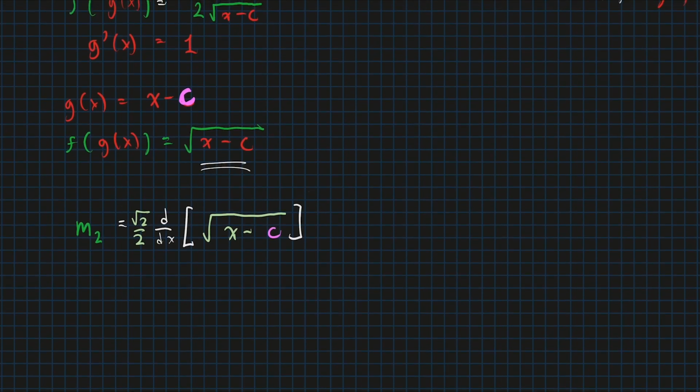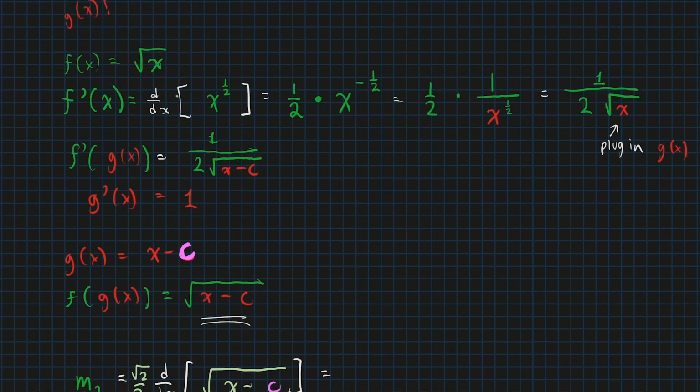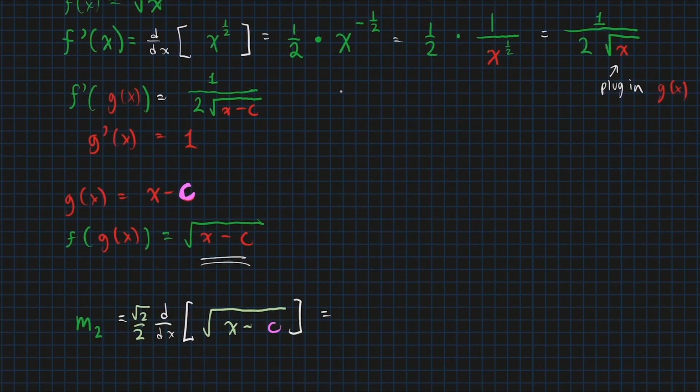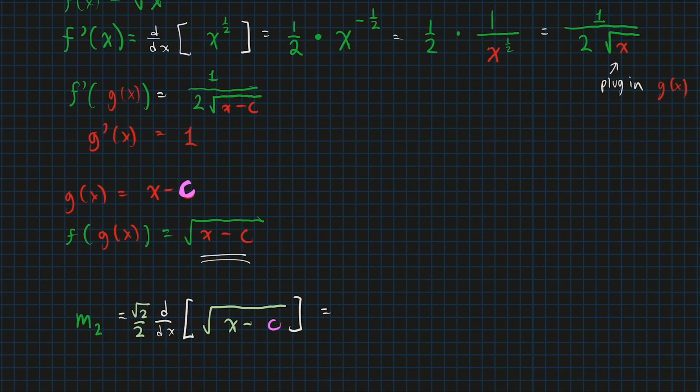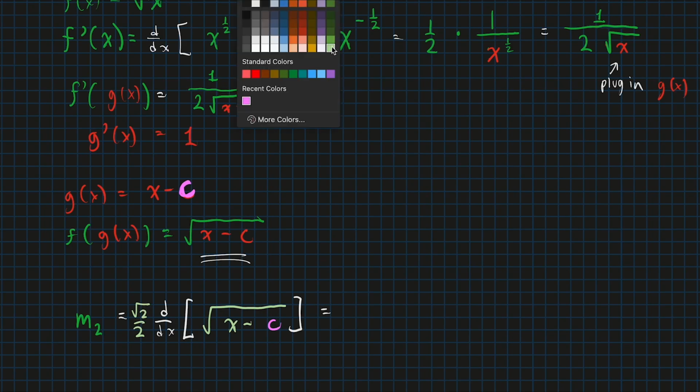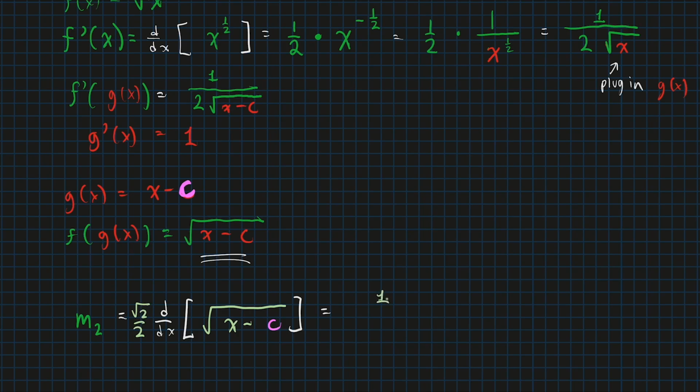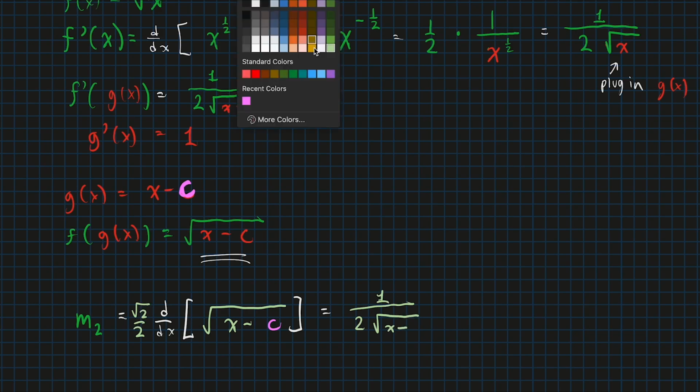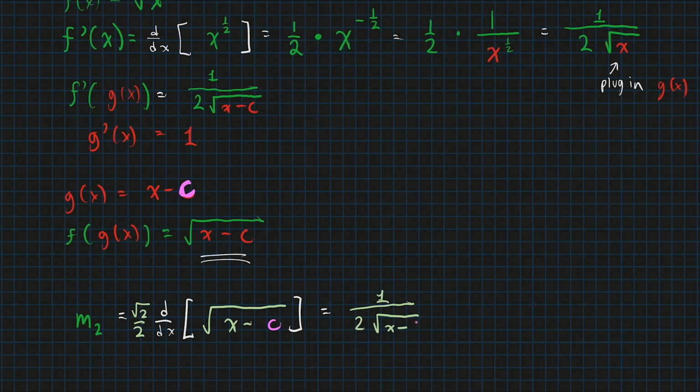And this is equal to this times this, because that's what our chain rule says. And multiplying by 1 keeps an expression the same. So, of course, this is equal to 1 over 2 times the square root of x minus c.